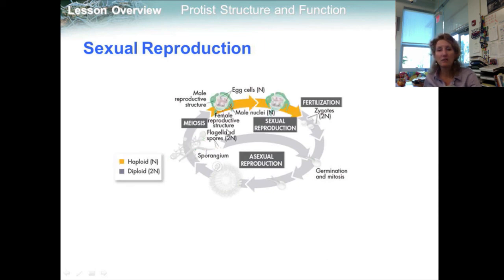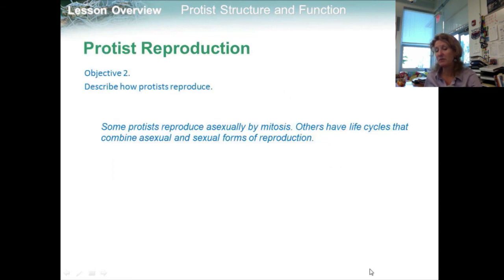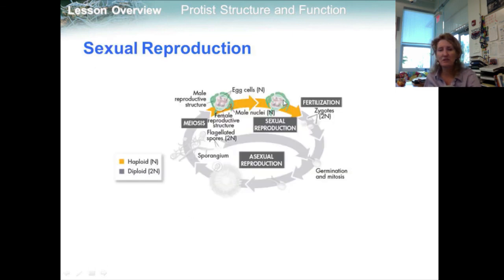Water molds also reproduce sexually by undergoing meiosis and forming male and female structures. The male and female structures produce haploid nuclei that fuse during fertilization, forming a zygote that then begins a new life cycle.